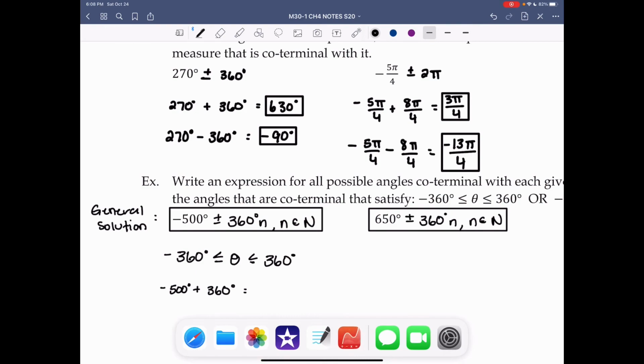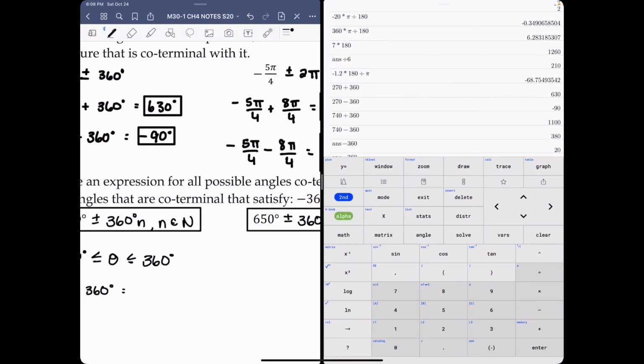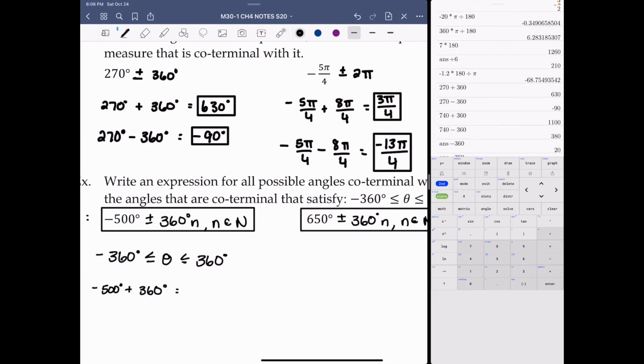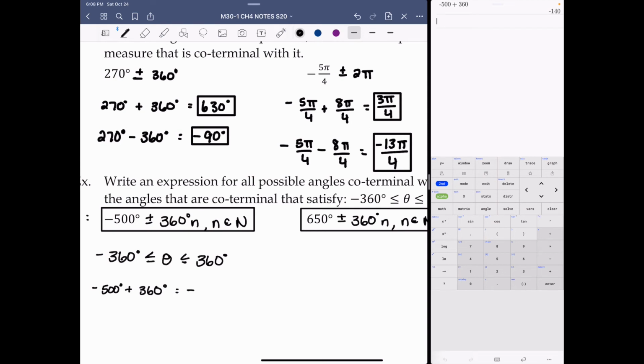Bring up our calculator again. Negative 500 plus 360 is negative 140. Is that greater than or equal to negative 360 degrees and less than or equal to 360 degrees? Yes, it is. So it is one of our coterminal angles that satisfies this. And then what if we add another 360?